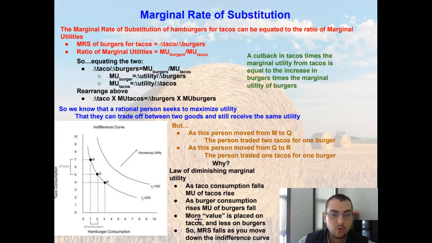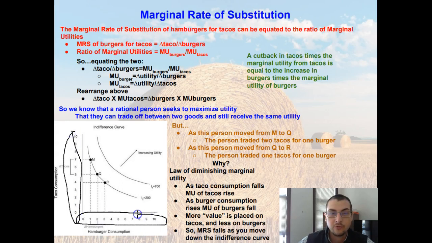So we place more value on these tacos and less on the burgers. So the marginal rate of substitution falls as you move down the indifference curve, and you're willing to trade fewer tacos for 1 more hamburger as you move down this indifference curve.